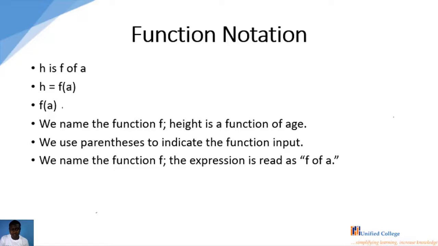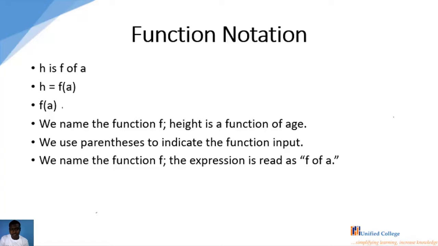There are various ways of representing functions. A standard function notation is one representation that facilitates working with functions.